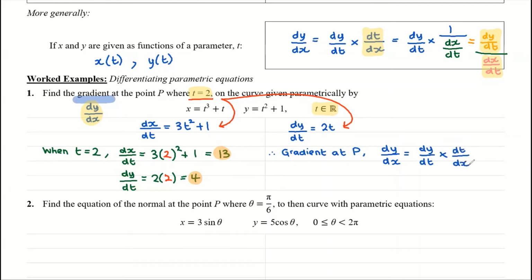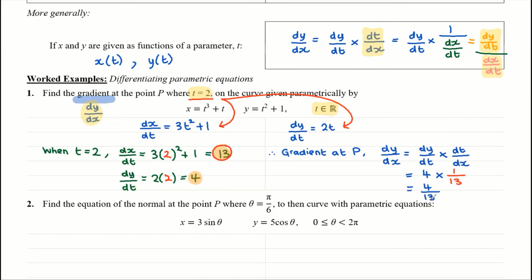Again, you can do it whatever way you want to. It doesn't really matter. Okay, so dy by dt is of course 4 multiplied by, now dt by dx is the reciprocal of this one, the reciprocal of 13. So I've got to put that as 1 over 13. Okay? Which is, of course, just 4 over 13.